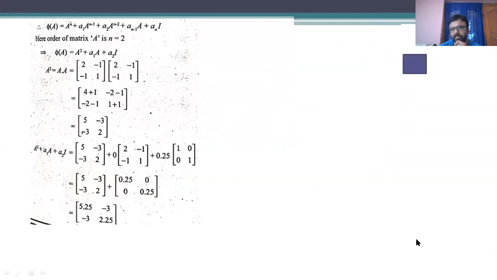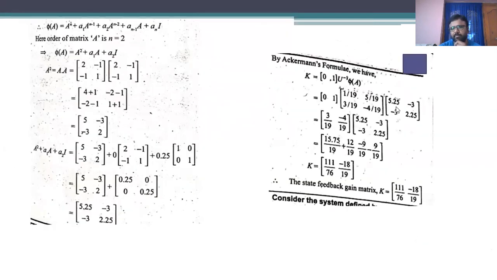This matrix has to be multiplied with the phi of A matrix. After the calculations, we obtain the elements of the state feedback gain matrix as K equal to 111 divided by 76 and minus 18 divided by 19.